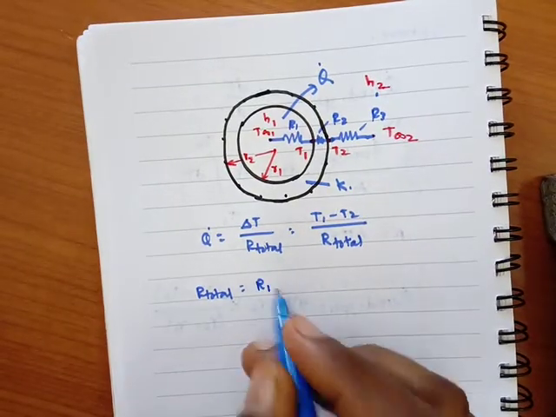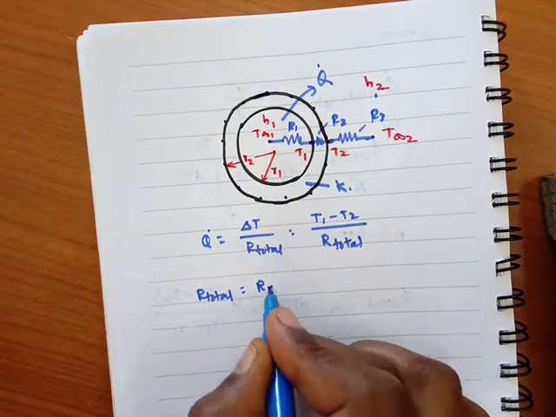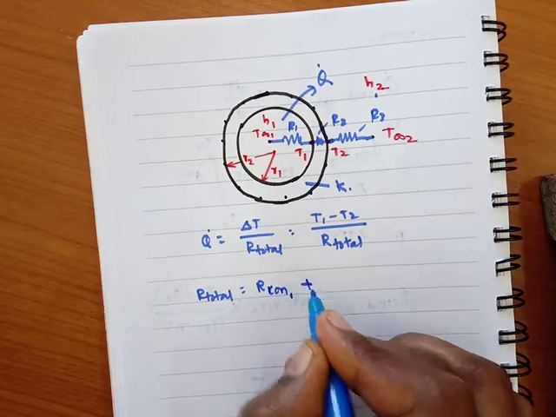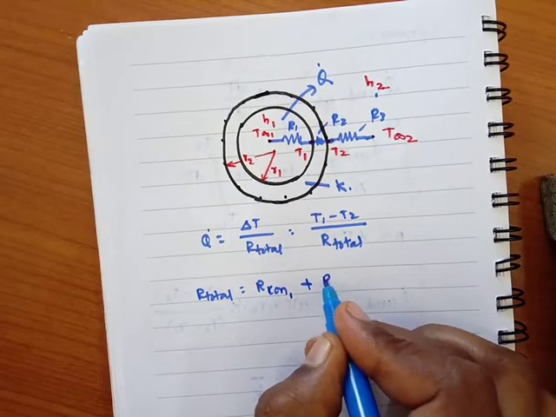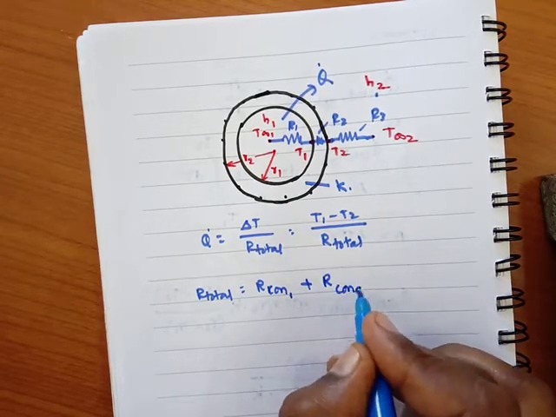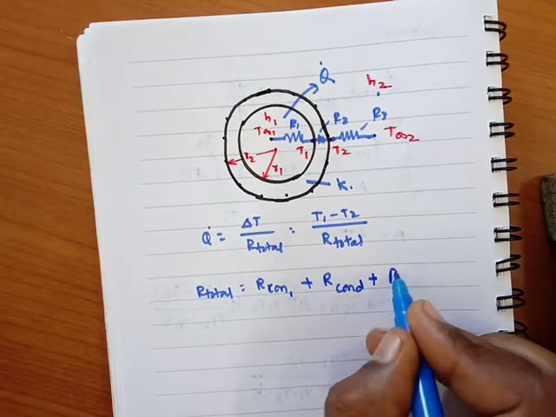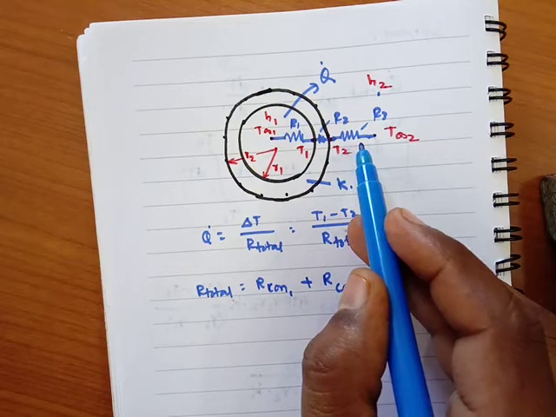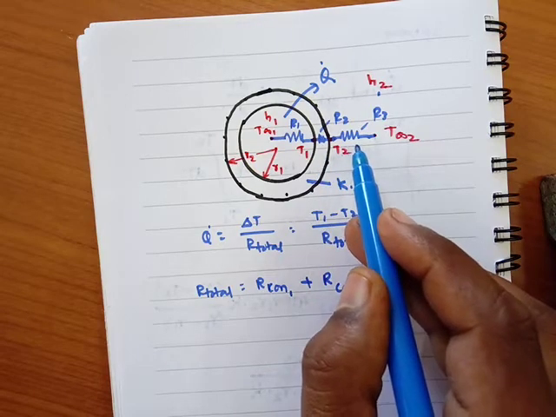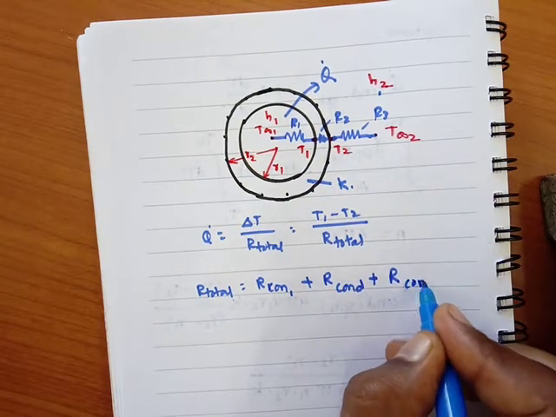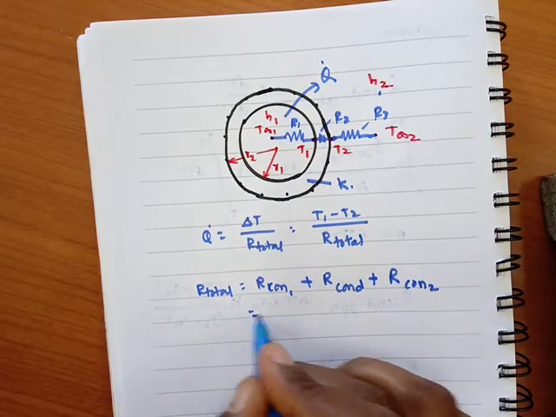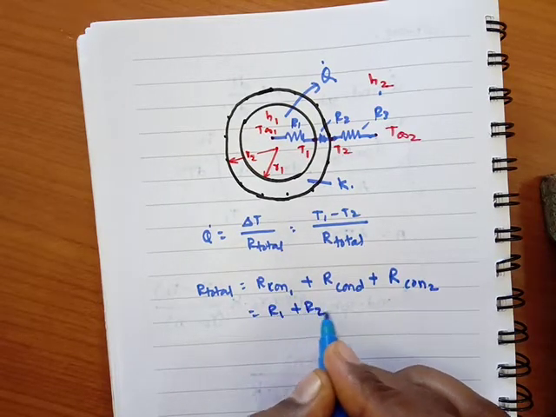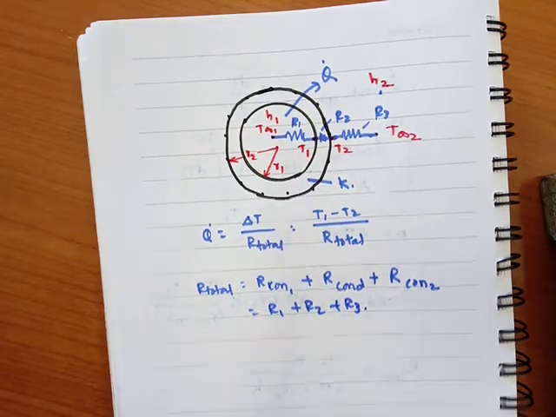So R1 is by the convection 1, plus R2, by conduction into the pipe material, plus the resistance at the outside of the pipe or the cylinder, this is R convection 2. Okay, so this is also R1 plus R2 plus R3.